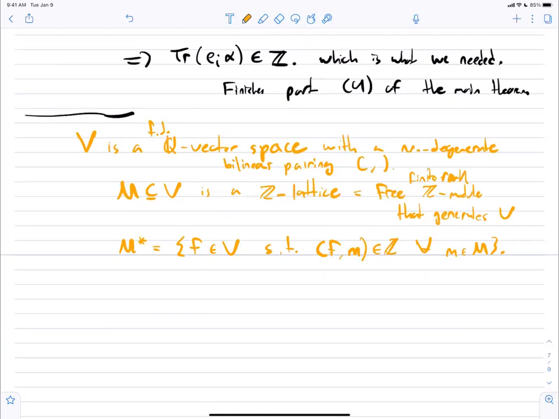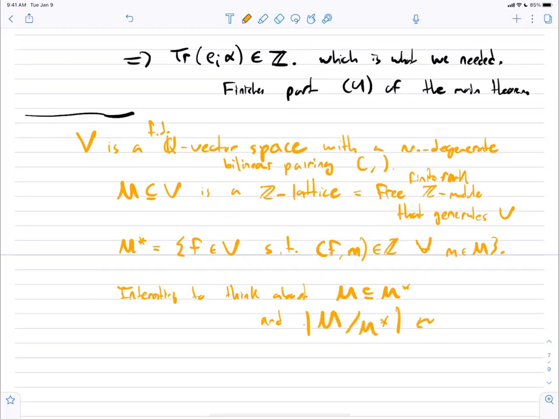It turns out to be interesting to think about M that are contained in their dual and look at the size of the quotient.